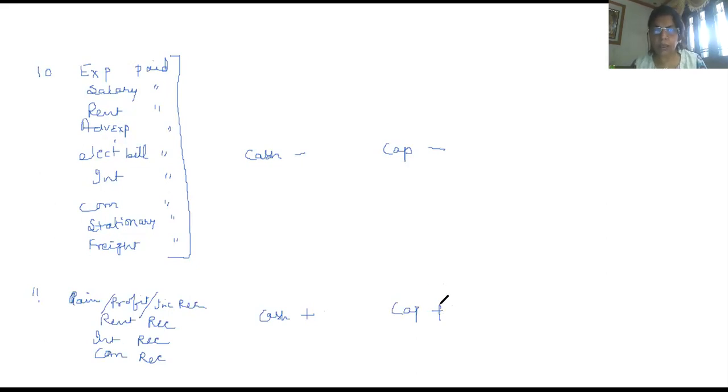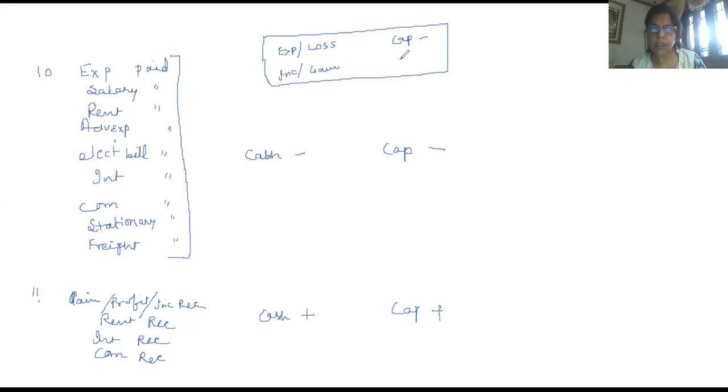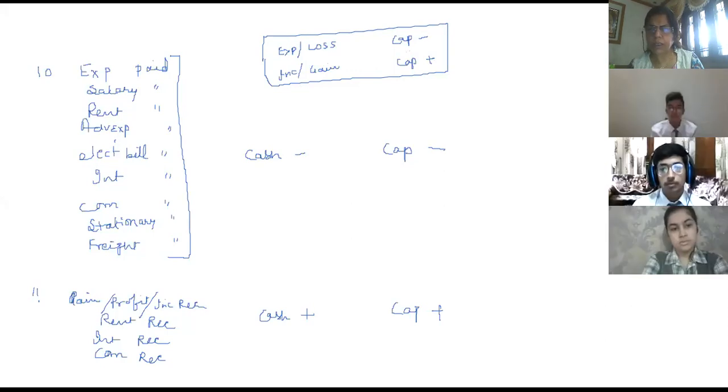So be alert. I am giving you another key term. By the expenses or losses, capital is subtracted, and by the income and gain or profits, capital will be added. Capital will increase.